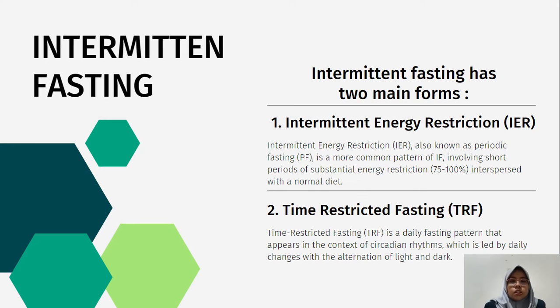Intermittent energy restriction, or IER, also known as periodic fasting, or PF, is a more common pattern of intermittent fasting involving short periods of substantial energy restriction, approximately 75 to 100%, interspersed with a normal diet. IER primarily promotes weight loss by reducing energy intake. It involves a period of fasting days followed by a period of eating days.